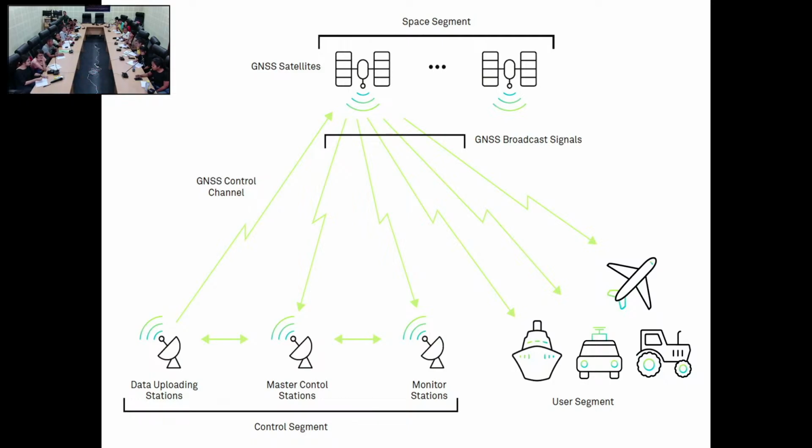From the GNSS satellites, it's connecting with all the networks of stations. So here what is important? In this, everyone is important and complementary to each other.